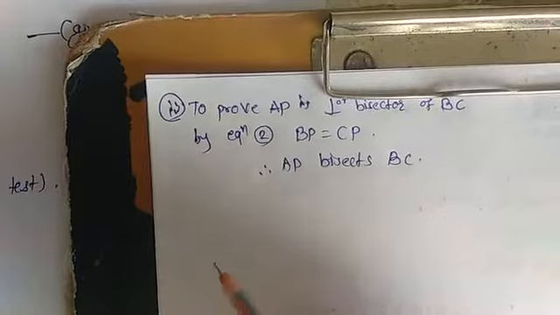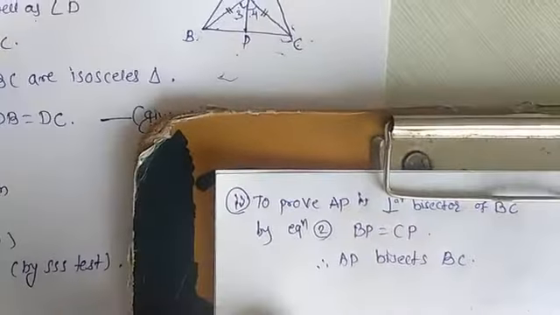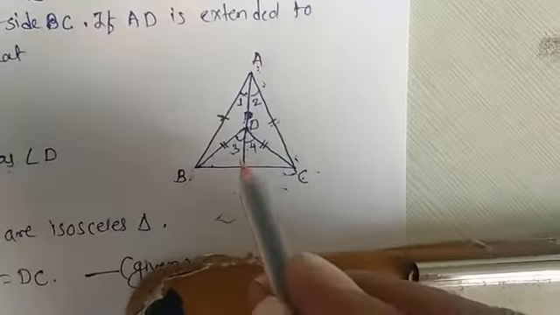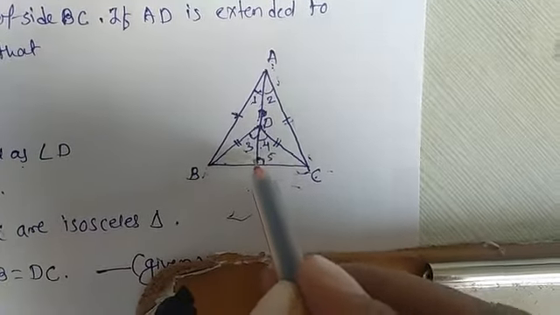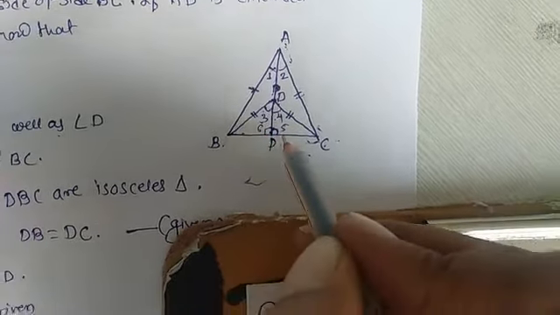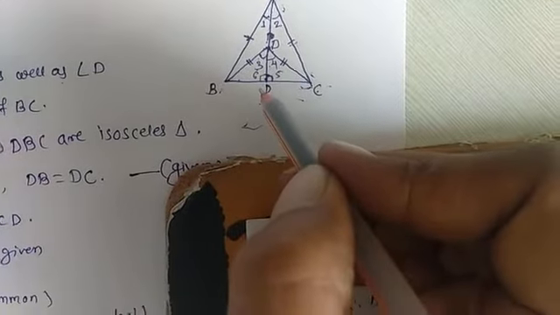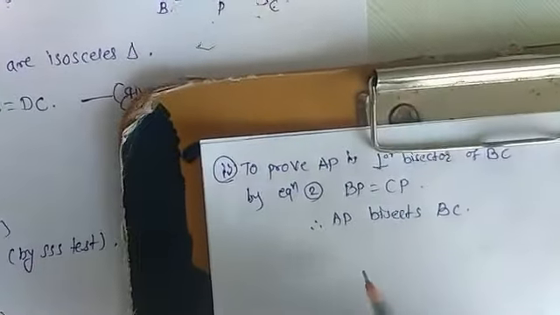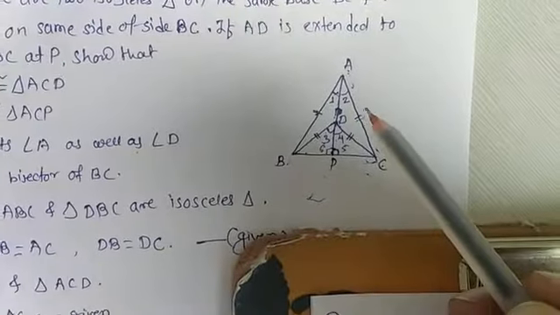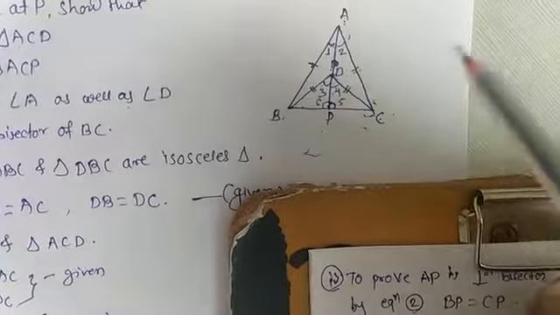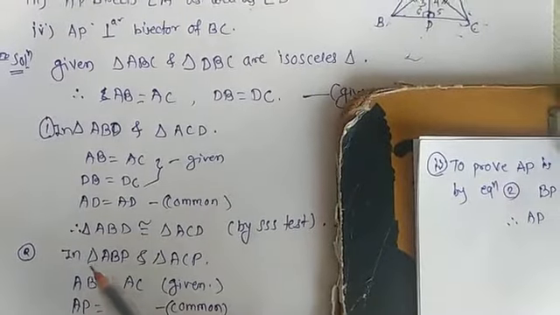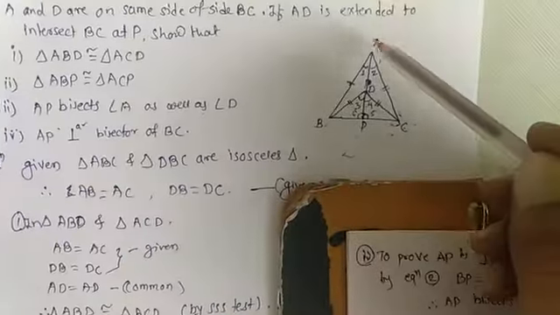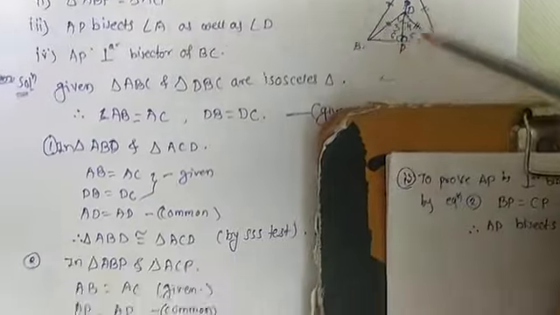Next we have to prove that angle APB is equal to 90 degrees. If you consider this as angle 5 and this as angle 6, we have to prove that they are 90 degrees. From the first part, we have proved that triangle ABP and triangle ACP are congruent.